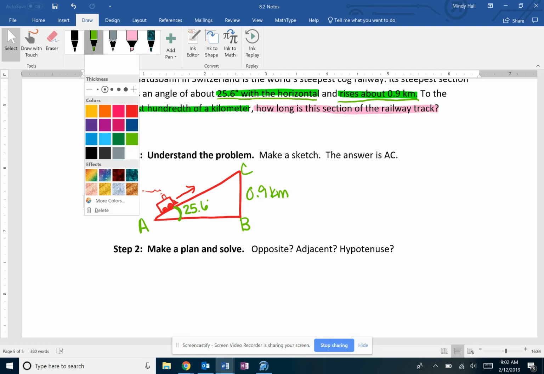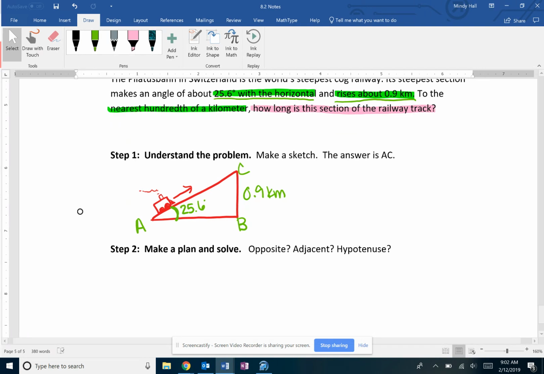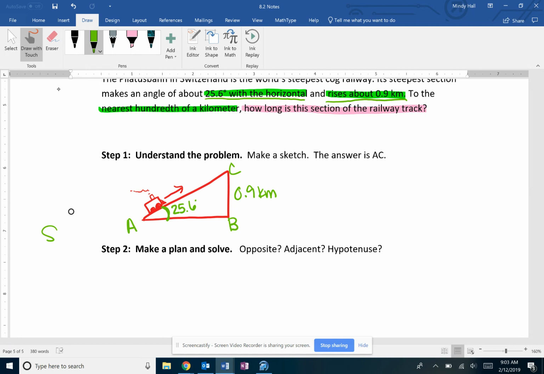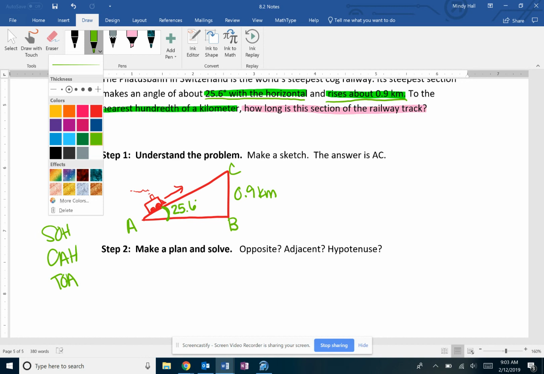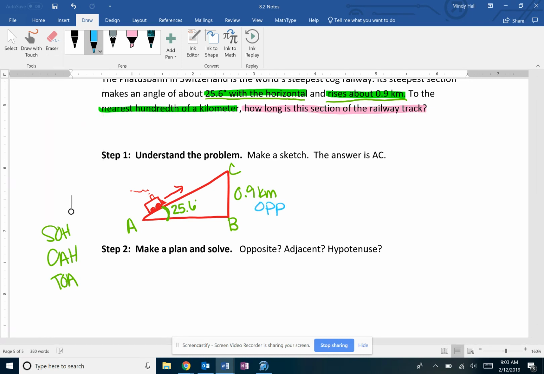So looking at this, again, we're still doing SOHCAHTOA. So looking at these sides, we're looking at that 25.6. This 0.9 is opposite of that, and then where the train is the hypotenuse.